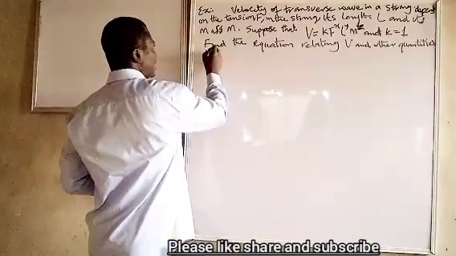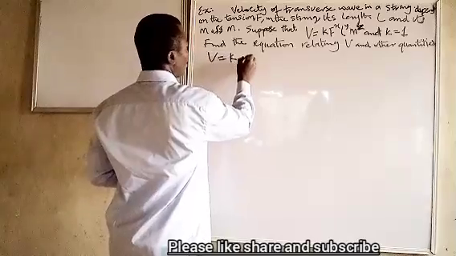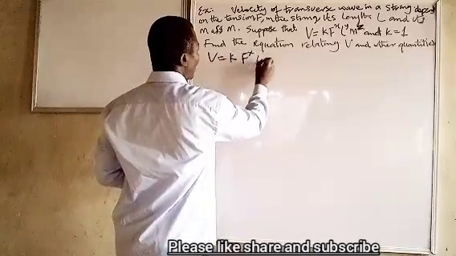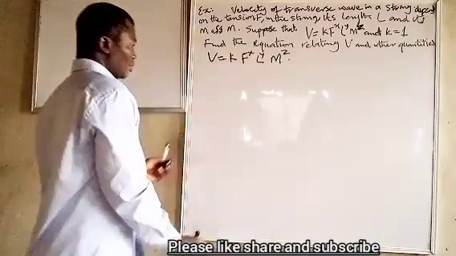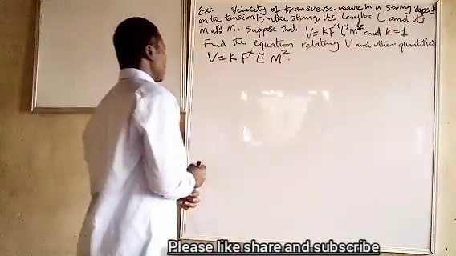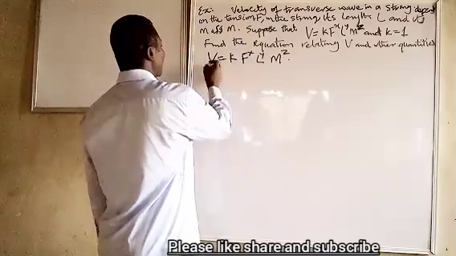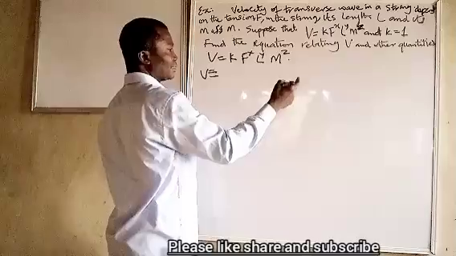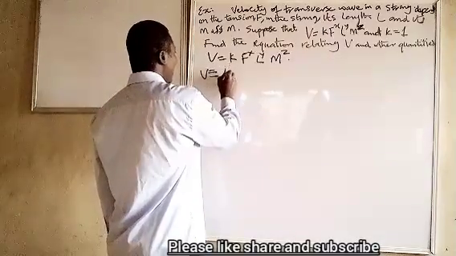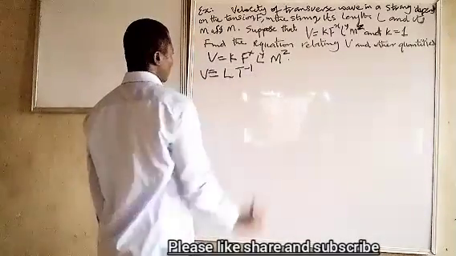So we start by saying V equals K F raised to power X, L raised to power Y, M raised to power Z. The dimension of V is meters per second, and that is L T raised to power minus 1.